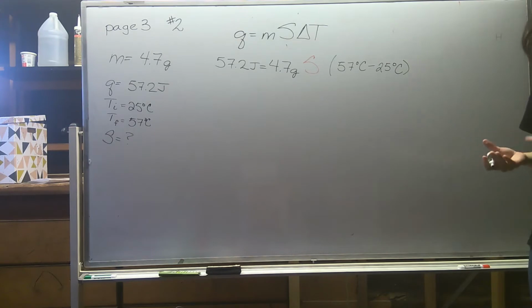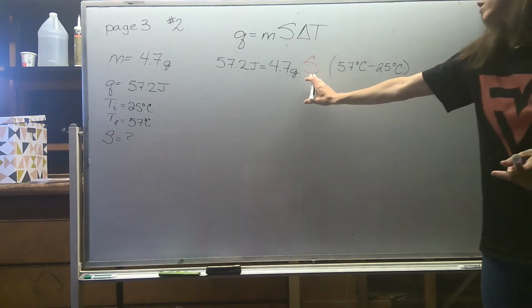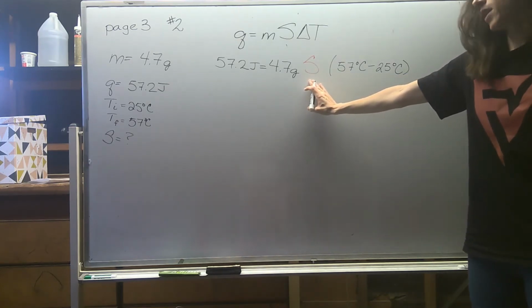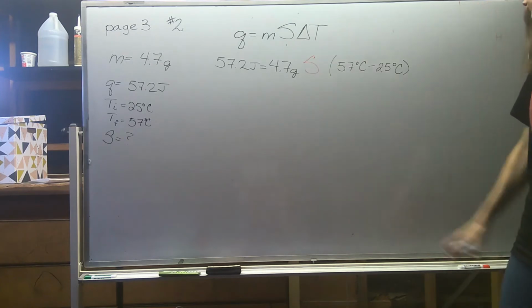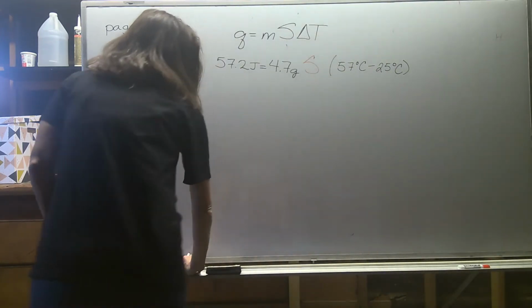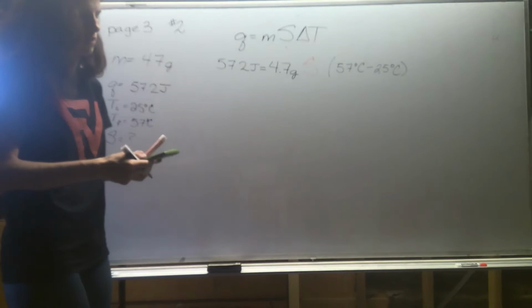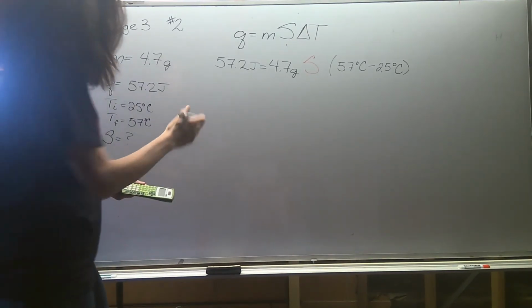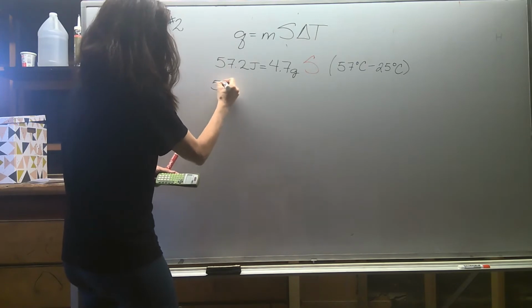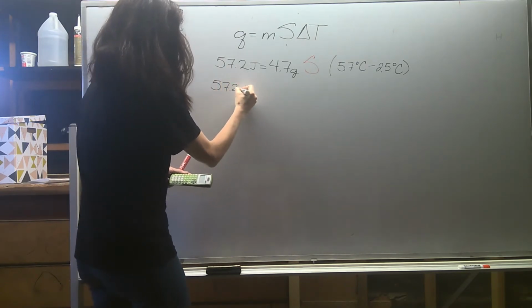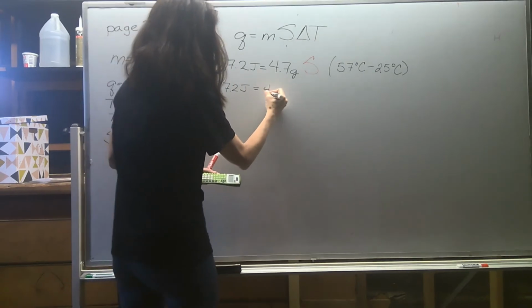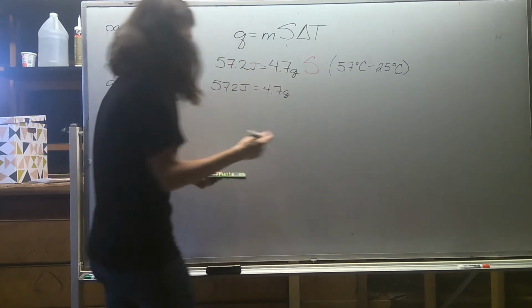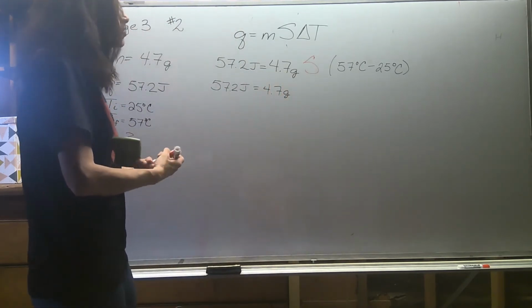So this just becomes an algebra problem where we're looking to solve for specific heat, S. What should we do first? So maybe get rid of the parentheses. I'll do 57 minus 25. And that gives me 32. I'm going to take this step by step because with these recorded lectures, you can't ask questions and I don't want to skip anything. People are like, oh, where did she get that number from?